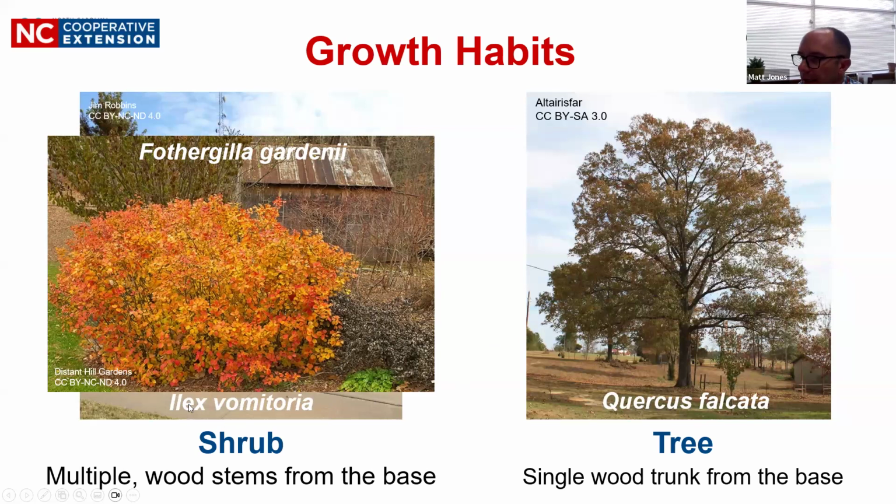So many woody stems that are distinct at the base. And a tree tends to start as a single trunk from the base and then diverge into multiple branches above that. But sometimes you can still have a multi-stem tree, kind of like with birches, for example.